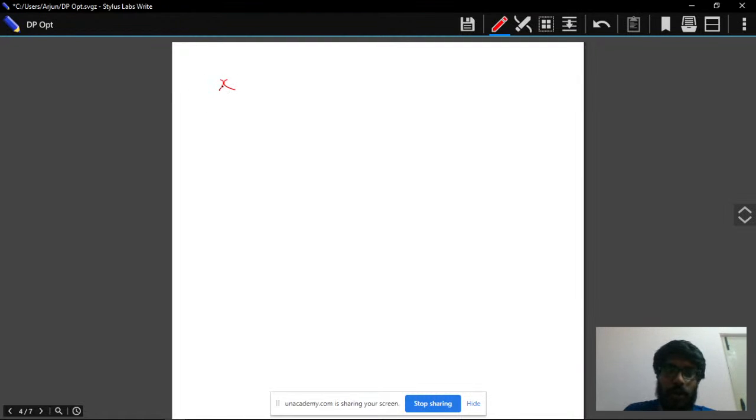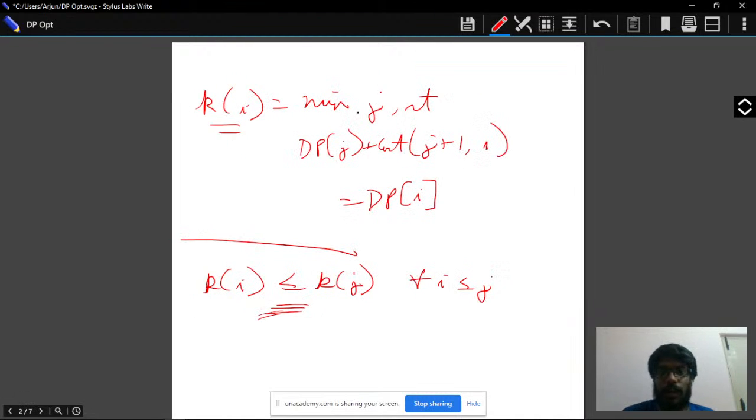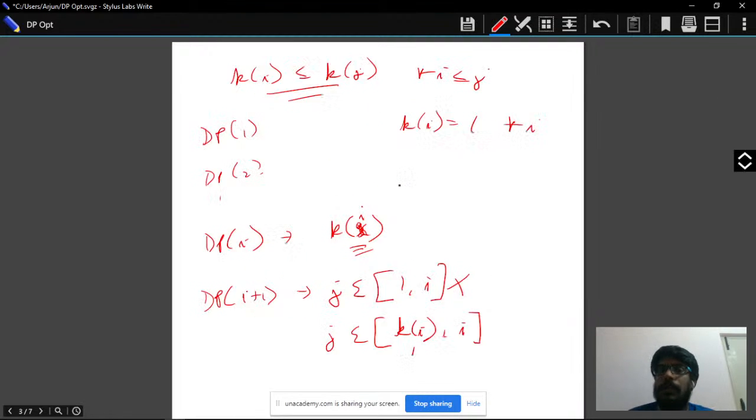All I'm saying is it's the inverse of this. We had k of x is the minimum of j such that this, and we are now looking at the inverse of this. That is, for what values of i will a particular j be the optimal place to cut it? It's literally just the inverse question we are asking.